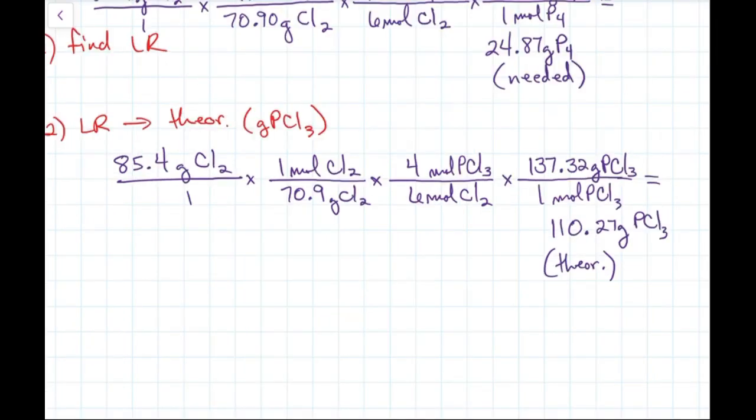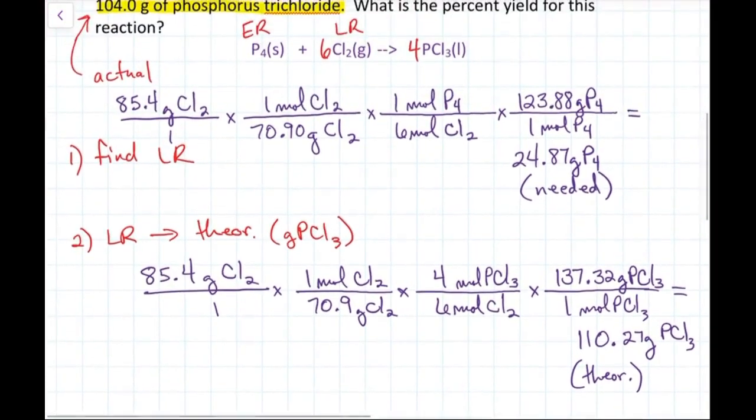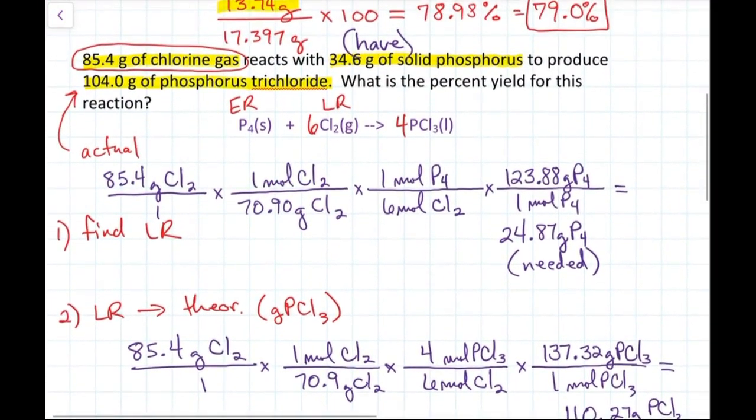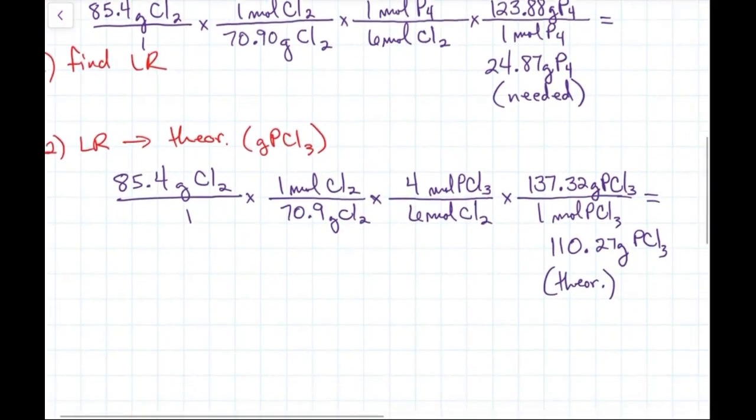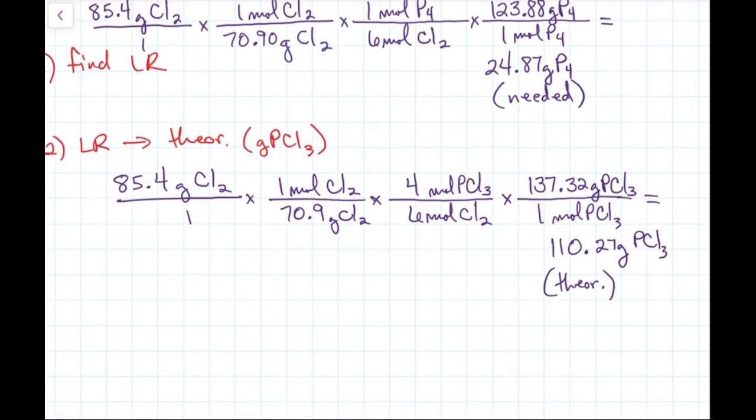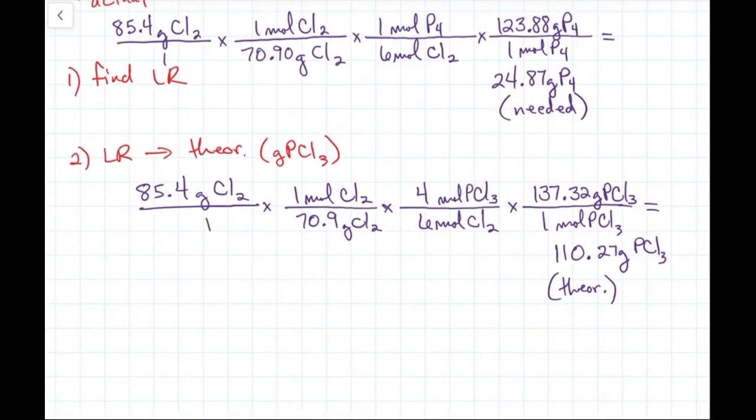So there you go. I went from 85.4 grams of Cl2 because up above I decided that that was my limiting. And I took that to grams of PCl3. And I got 110.27 grams of PCl3. And I'm going to label that as my theoretical yield, because that's how much I should make if I fully react 85.4 grams of Cl2, which is my limiting reactant.